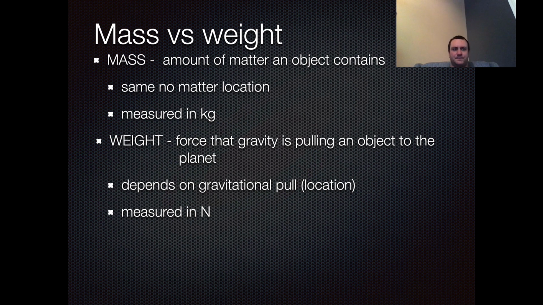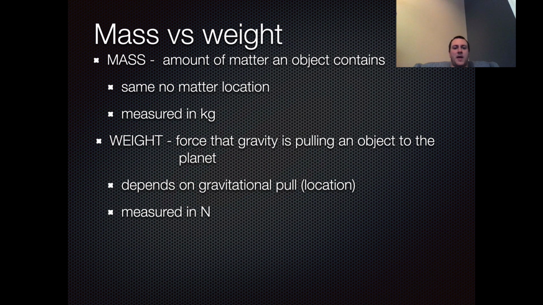Weight, on the other hand, as we've previously discussed with types of forces, is the force of gravity pulling on an object, pulling that object towards the planet. This then becomes dependent on the rate of acceleration that a planet is able to exert on an object. So what is the acceleration due to gravity on any given planet?